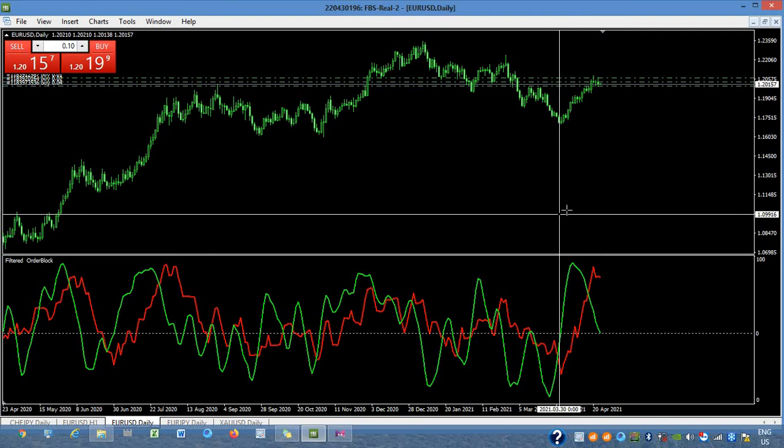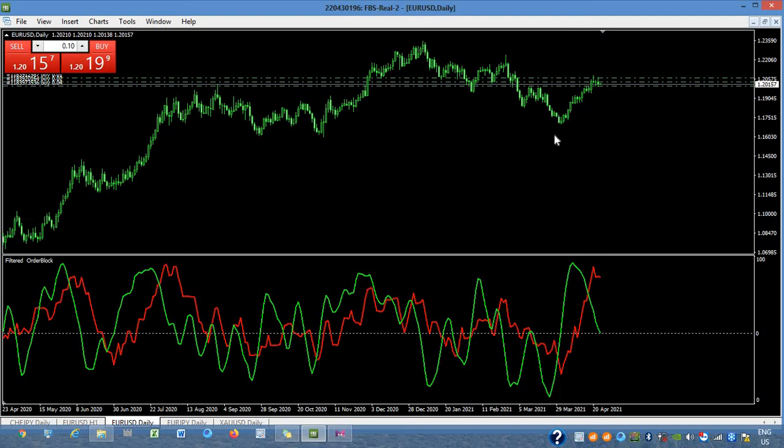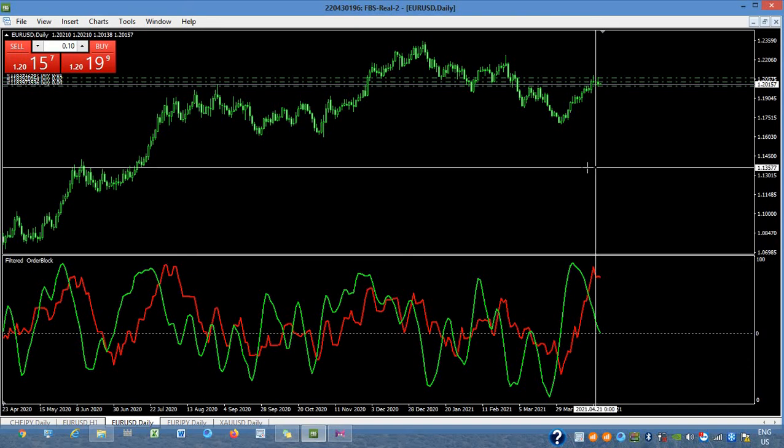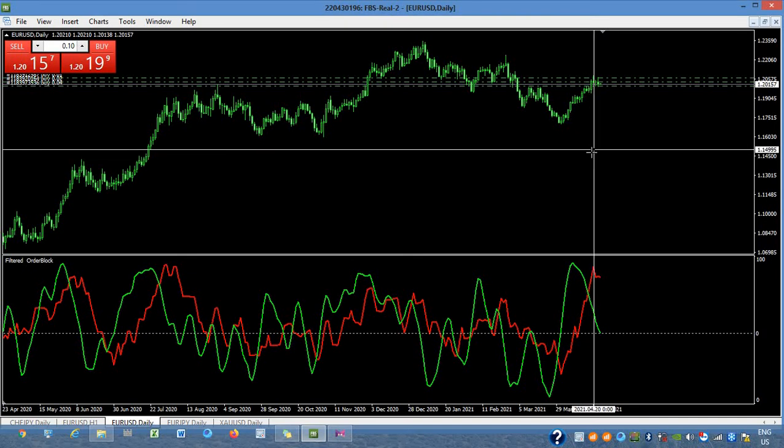So we will back test this area from around March 30 up to the time when this order block signals that it will go down.